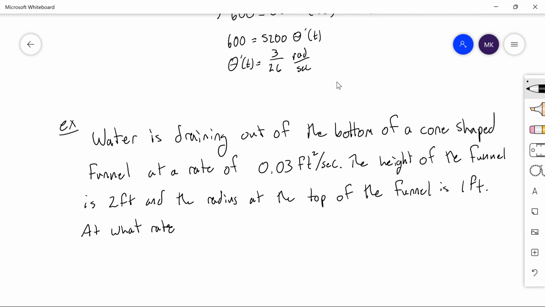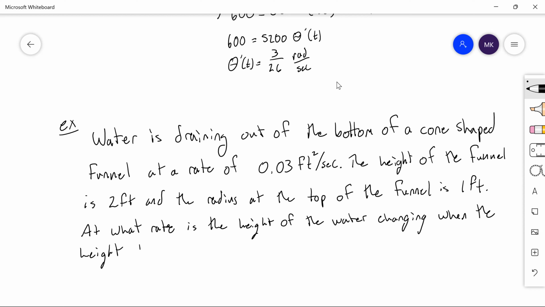At what rate is the height of the water changing when the height of the water is at 1/2 foot?